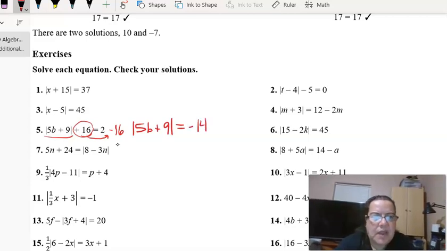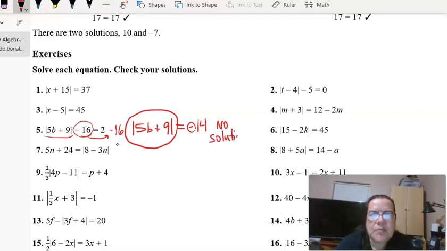Now remember, let's look at this particular case, because can anything that I take the absolute value of ever be negative? So I think for this particular question, we're going to end up with no solution, because I can never take the absolute value of something and make it turn -14. And so we're going to go ahead and put empty set here for this particular question.